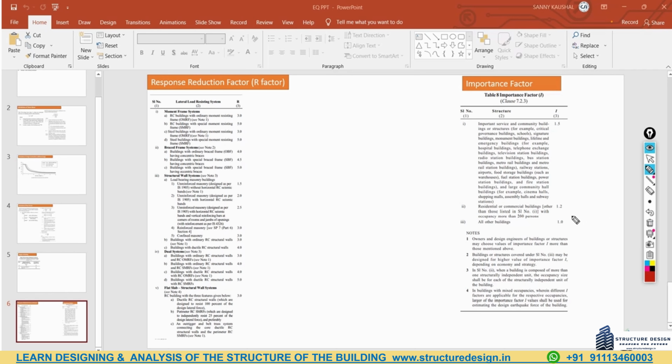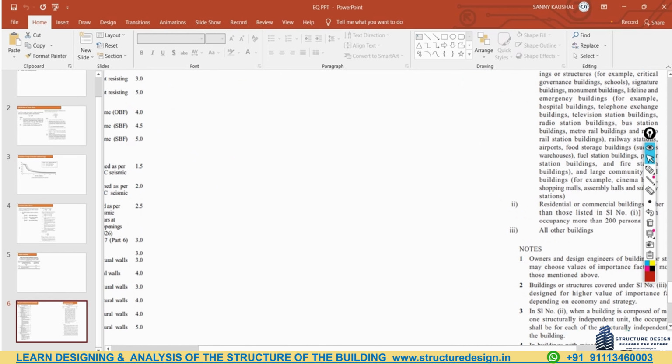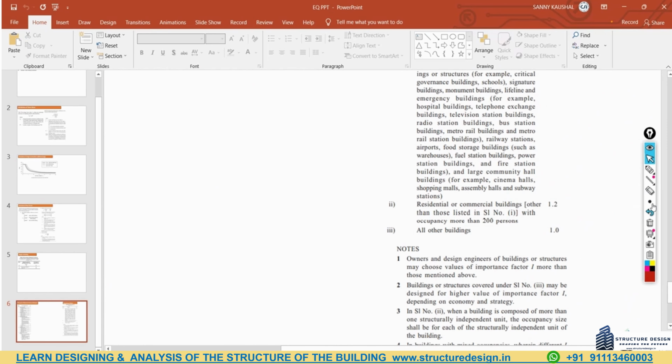If your building is a normal residential building, you can see here, all other buildings, meaning if your building does not come under condition number 1 or 2, you use the importance factor of 1.